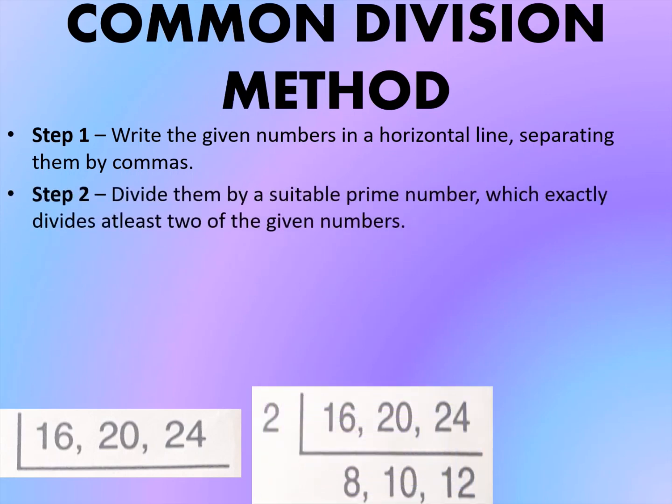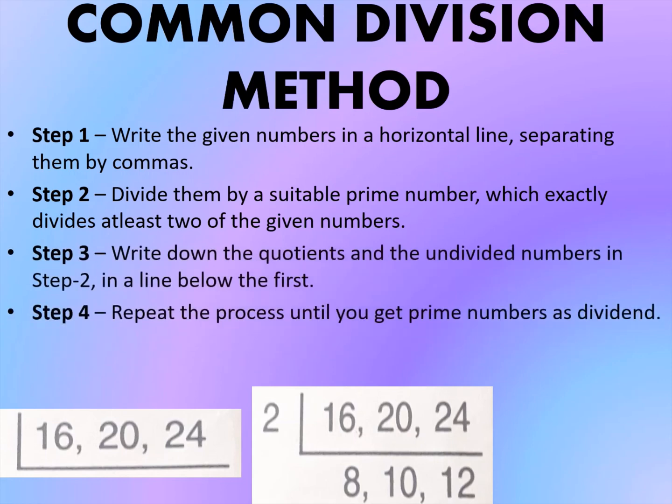Step 2. Divide them by a suitable prime number which exactly divides at least two of the given numbers. Step 3. Write down the quotients and the undivided numbers in step 2 in a line below the first.